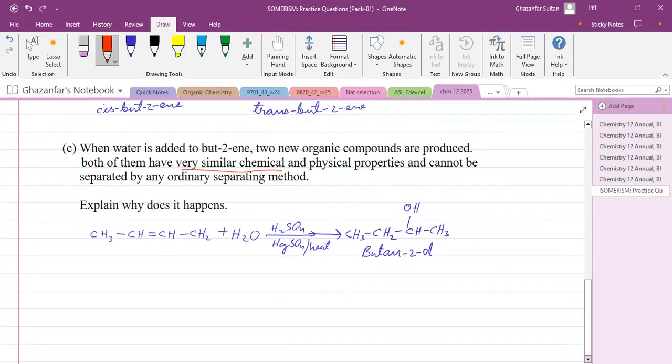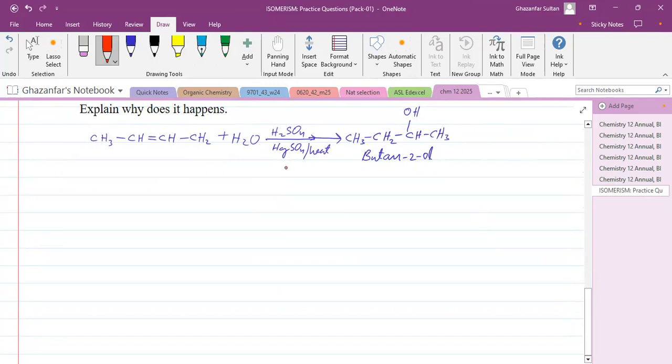Now see, if we draw it in a way that one compound shows two groups here, you can draw OH here and this C2H5, that is CH2, CH3 here. And on one side there is methyl.